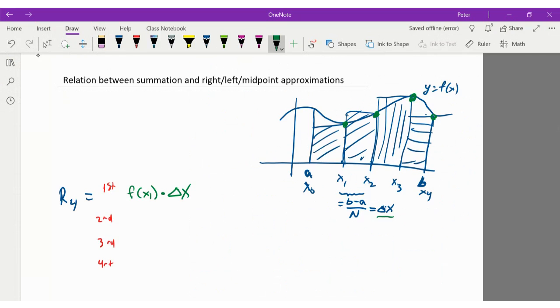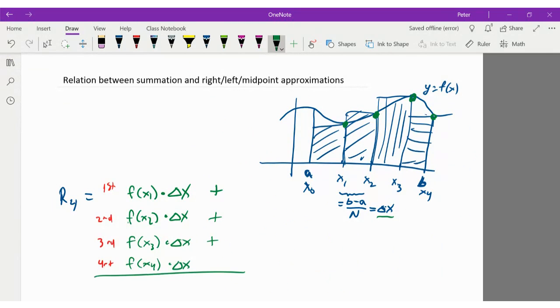The second rectangle is going to have a height of f of x2 times delta x, and the third rectangle, f of x3 delta x, and the fourth rectangle is f of x4 delta x.